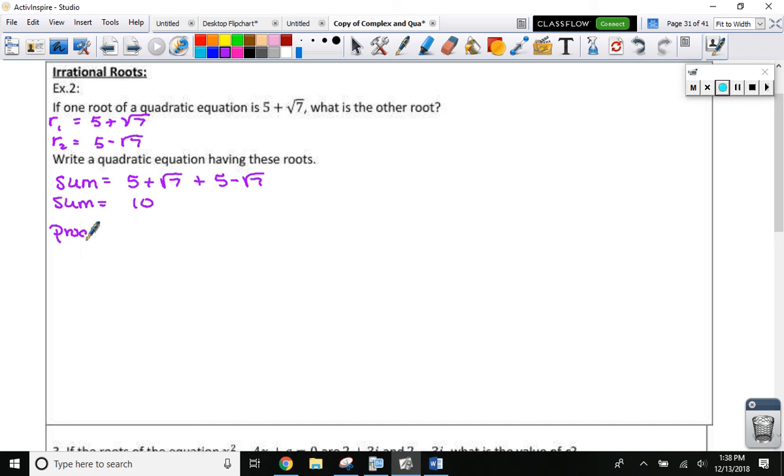Find the product. 25 minus 5 radical 7 plus 5 radical 7 minus 7. The radicals cancel out. 25 minus 7, 18. Again, out of convenience, we're going to leave a as 1, so both of those are going to be over 1.